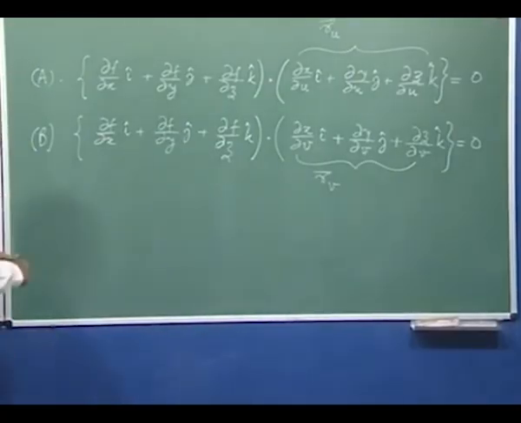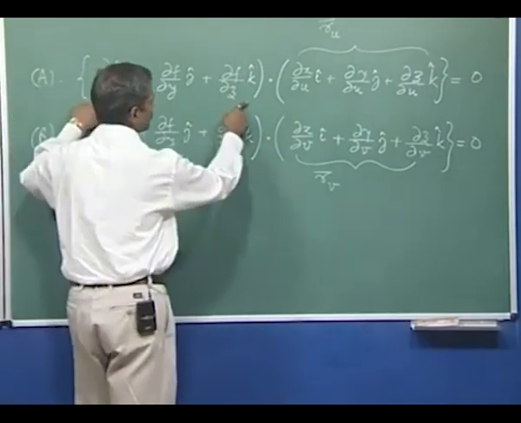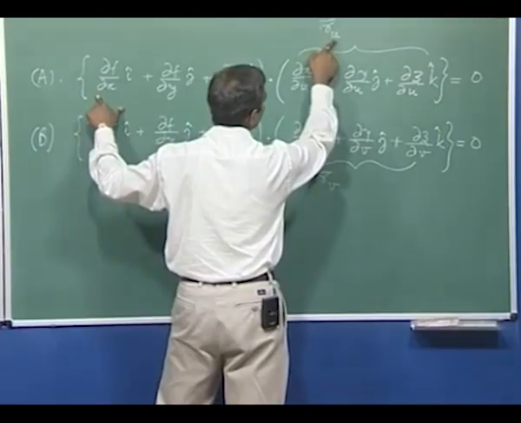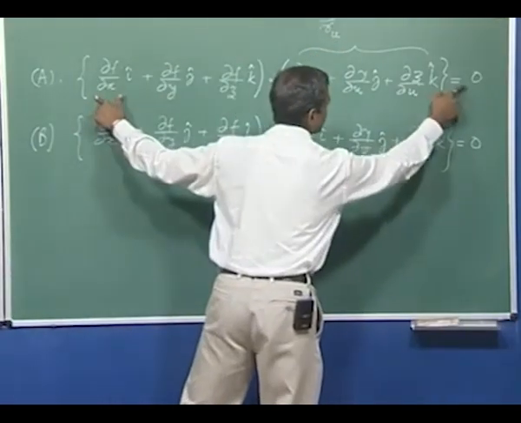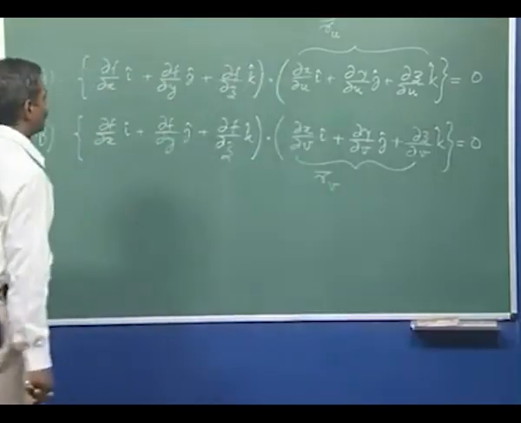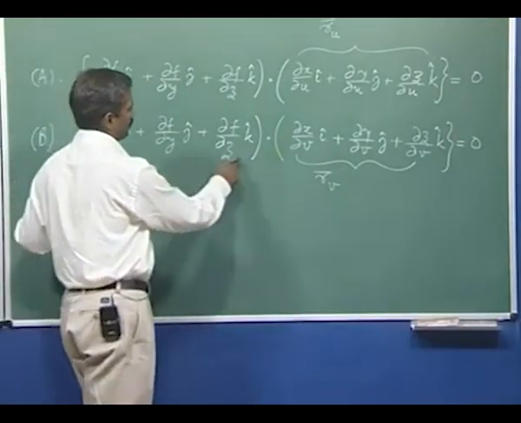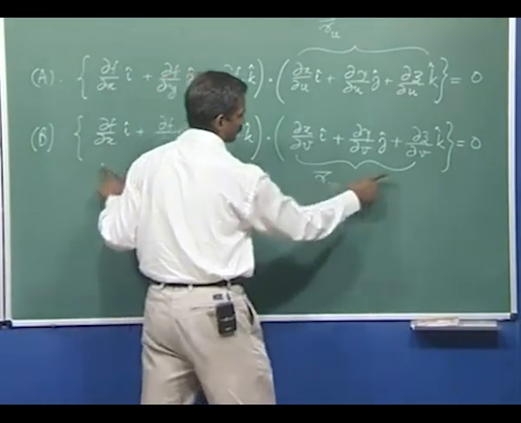They are conveying that this vector is orthogonal to r sub u, the tangent along the u direction, because of this condition, and the same vector is also orthogonal to the tangent along the v direction.